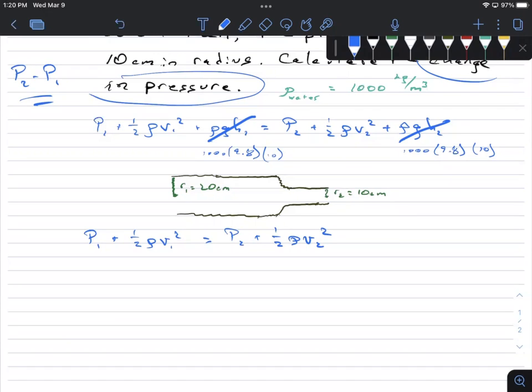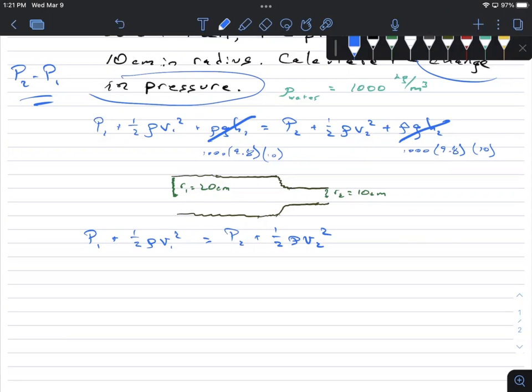Well, if the height didn't change and it's the same fluid, then the term that has height in it just cancels out. The same would be true if the velocity doesn't change. If I know the velocity of my fluid doesn't change in this problem, then I could cancel out the velocity terms too, because when you do the math, you'd subtract one from the other, and since they're the same numbers, they just go away.